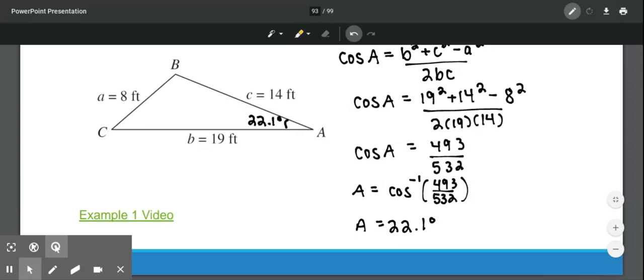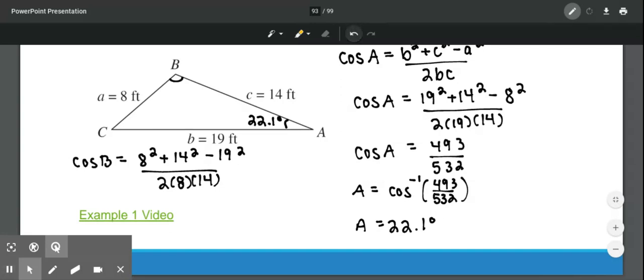Okay, so now to solve for B, we'll do that same thing. We'll say cosine of B equals A squared plus C squared minus B squared over 2 times A times C. And so if we simplify this, we get the cosine of B equals negative 101 over 224.